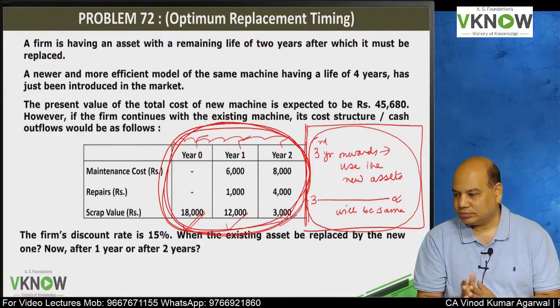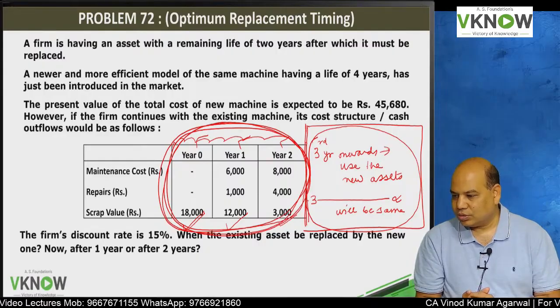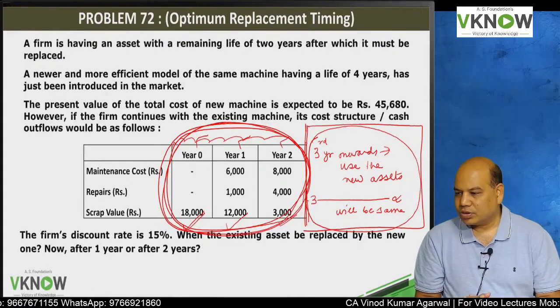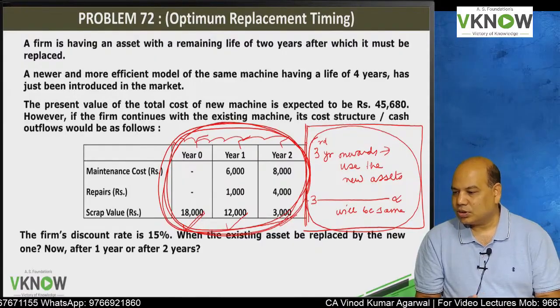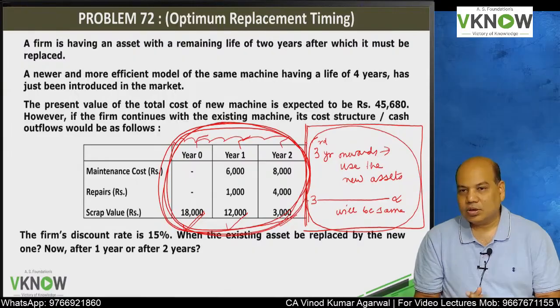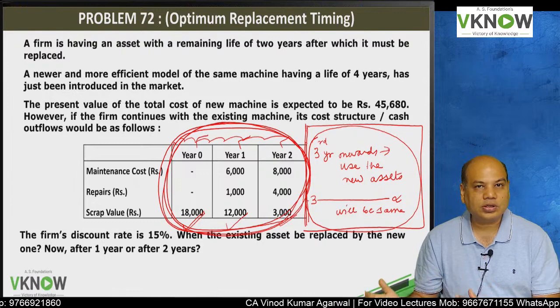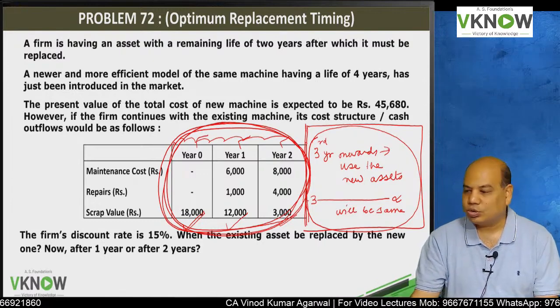Do you agree? If I just compare the cash flow of the first 2 years only under the 3 alternatives, my answer is going to be the same. My answer would be the lowest answer, because after 3 years the cash flow under all the 3 alternatives are going to be the same.